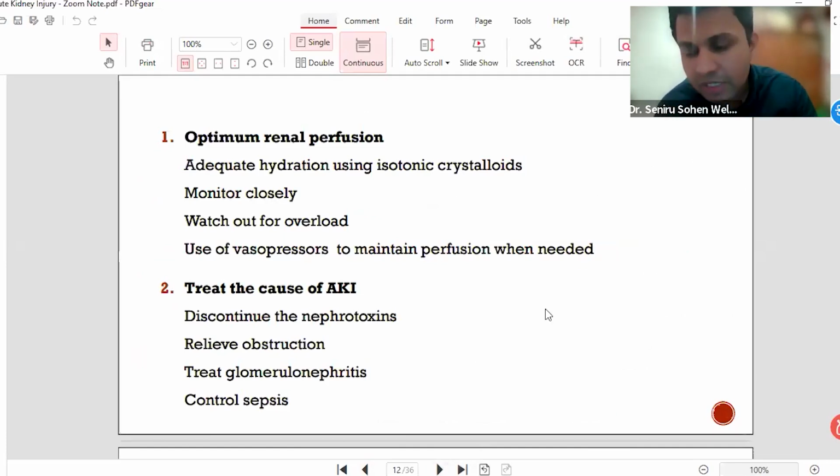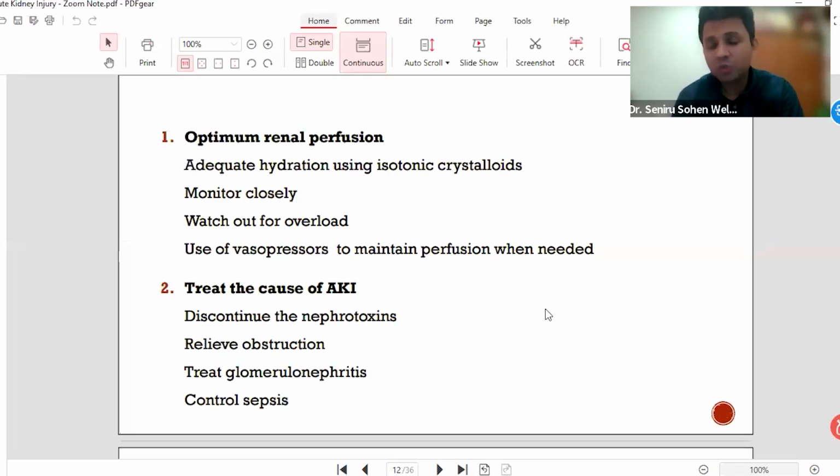So when we get a patient with AKI, after assessing the patient's fluid status, you can see whether the patient is fluid responsive. So if the patient is having clearly low blood pressure, or tachycardia with low urine output, with increased capillary filling time, and maybe even low blood pressure, you obviously need fluids.